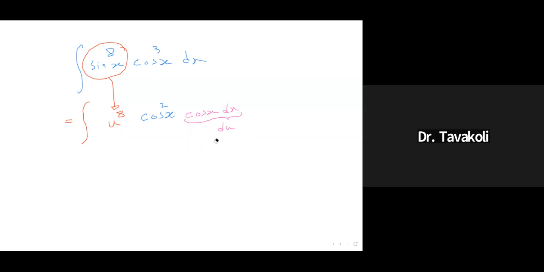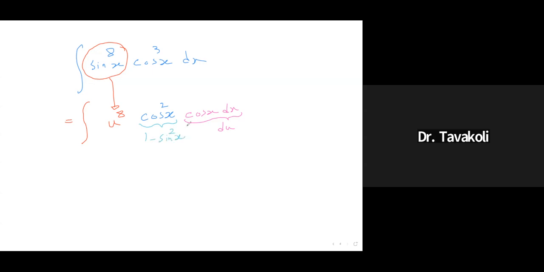That's something we use trigonometry for. You know that one of the most basic identities in trigonometry is sine squared plus cosine squared equals 1. So this cosine squared here is 1 minus sine squared.